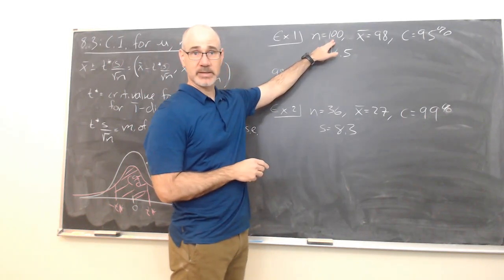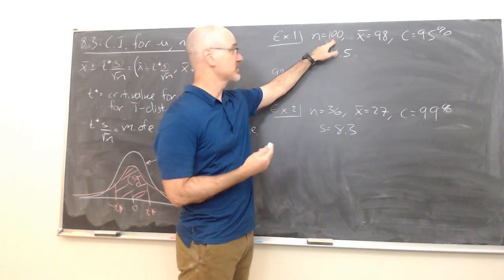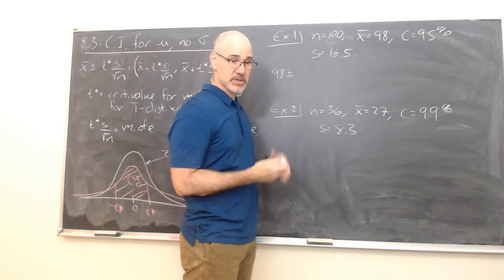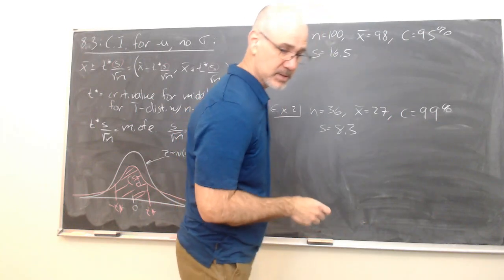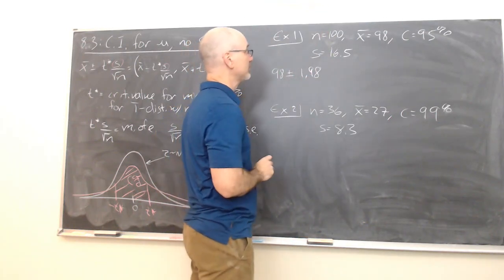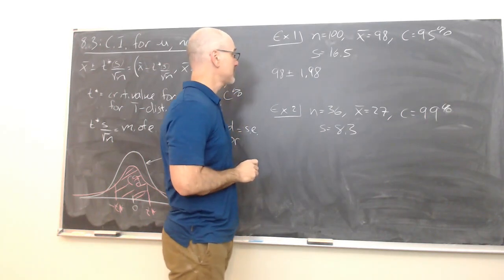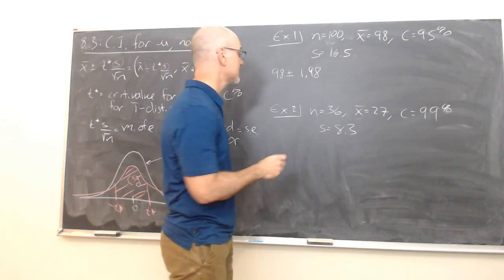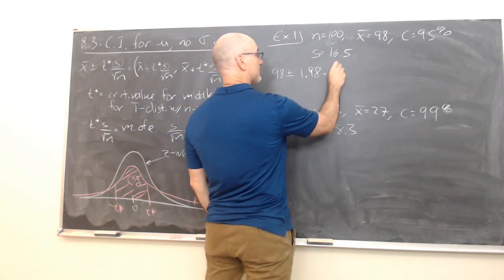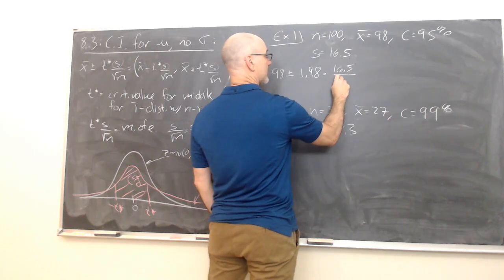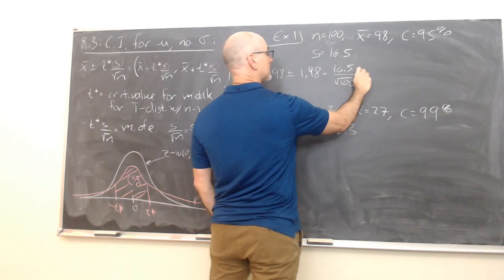I do that in the StatCrunch video. If you watch that one first, you already know the result. If not, you'll see where this comes from. But the t-score is 1.98 for the middle 95% of that t distribution, very close to a standard normal, which would be 1.96. And then I have to multiply by s over the square root of 100, which would just be 10.